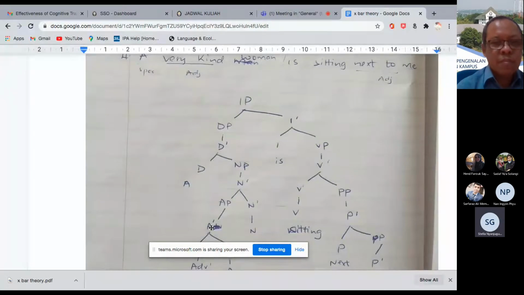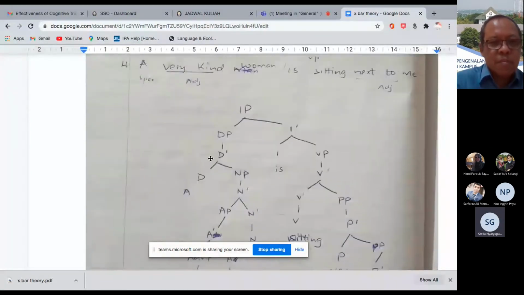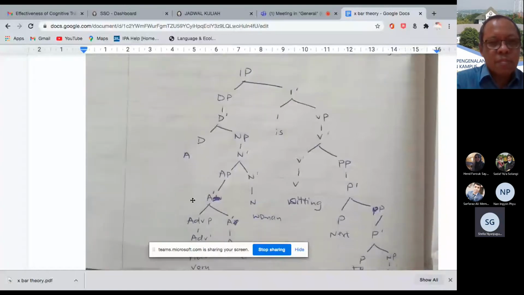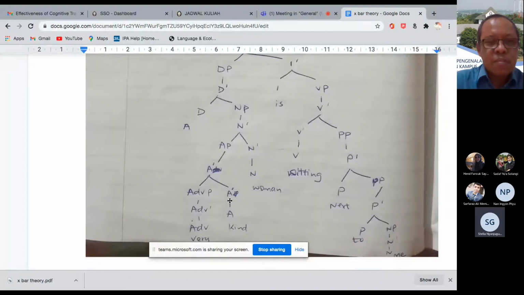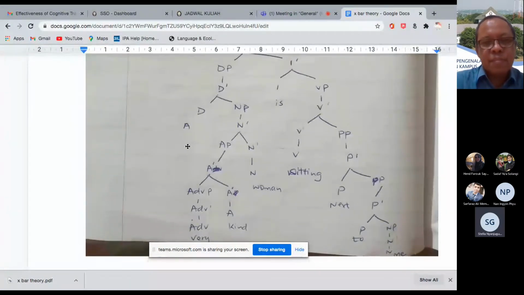The A bar has two sides because now we have "very" and "kind". "Very" is an adverbial phrase, and we have the same A bar, because they're still adjuncts. The A bar finishes with the adjective itself, "kind". The adverbial phrase goes to the adverbial bar, which takes us to the adverb "very". So: a very kind woman.